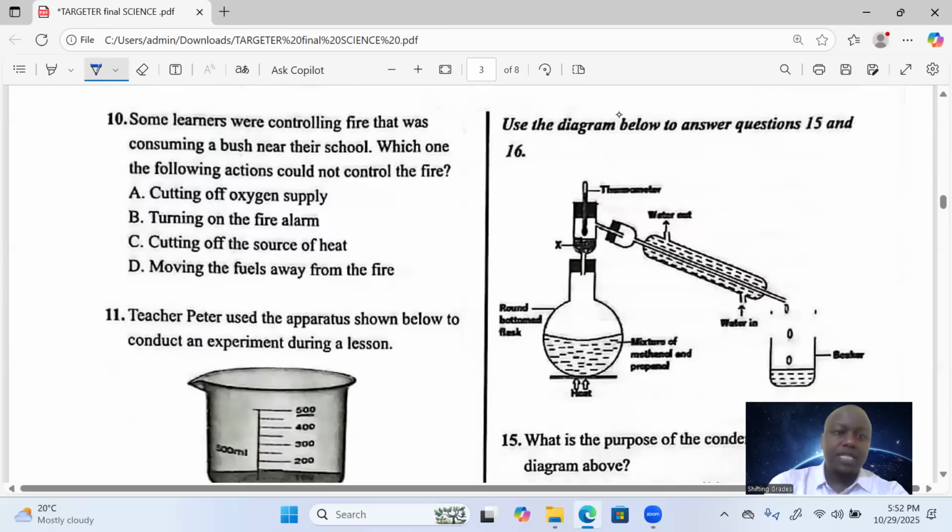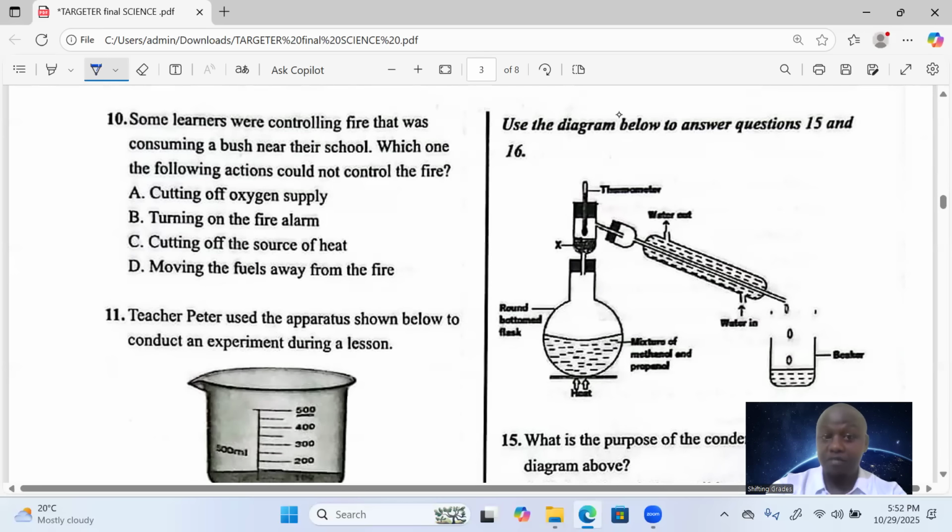Number 10, some learners were controlling fire that was consuming a bush near their school. Which one of the following actions could not control the fire? Cutting off oxygen supply. Fire requires oxygen supply for it to thrive. Turning on the fire alarm. Cutting off the source of heat.